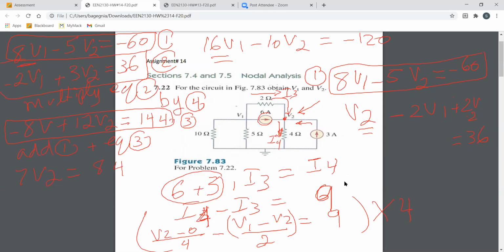Then for V2 we divide by 7. Now to find V1, we could use either equation 1 or equation 2 and substitute for V2 to determine V1.